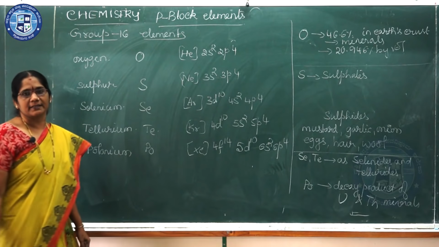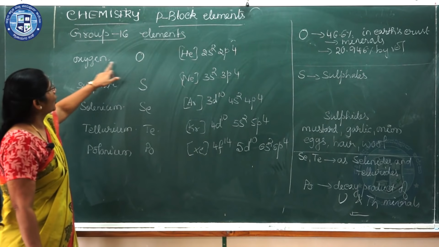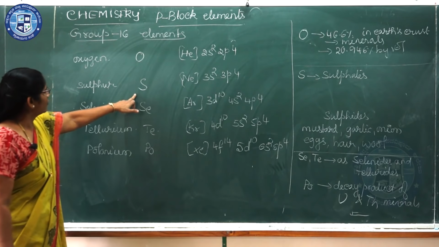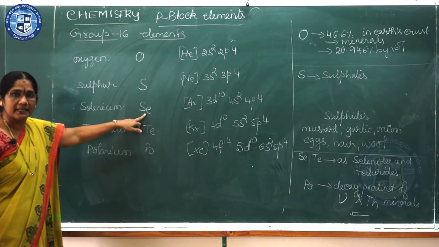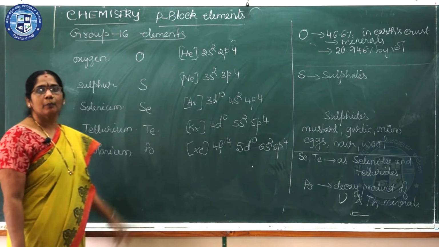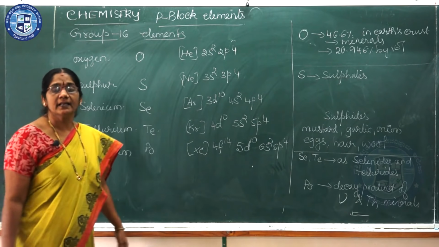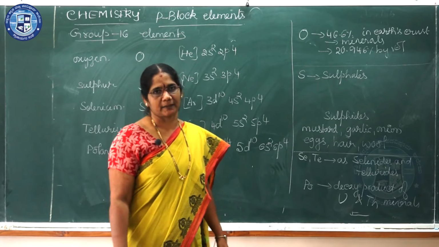First, we will see the elements present in group 16: oxygen, then sulfur, selenium Se, tellurium Te, and the last one is polonium Po. So these are the elements present in group 16.